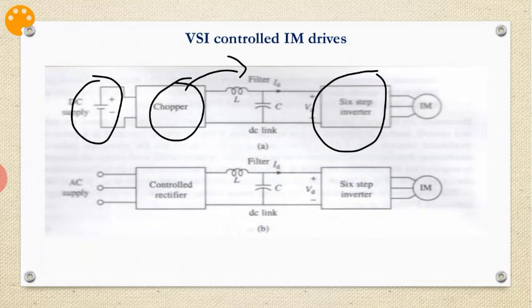The electrolytic filter capacitor C is connected in the DC link to make the inverter operation independent of the rectifier or chopper, and to filter out harmonics in the DC link voltage. I repeat, the function of this capacitor is to make the inverter operation independent of the chopper or rectifier.